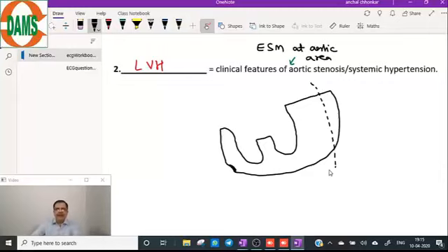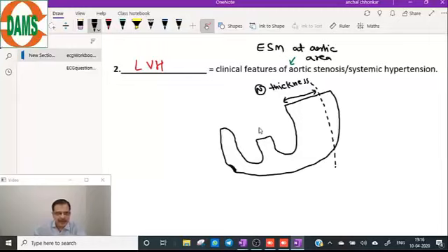Now this I have made as a left ventricle hypertrophy, and this is supposed to be a normal thickness. I have made an imaginary line to understand what will be the changes in the ECG.